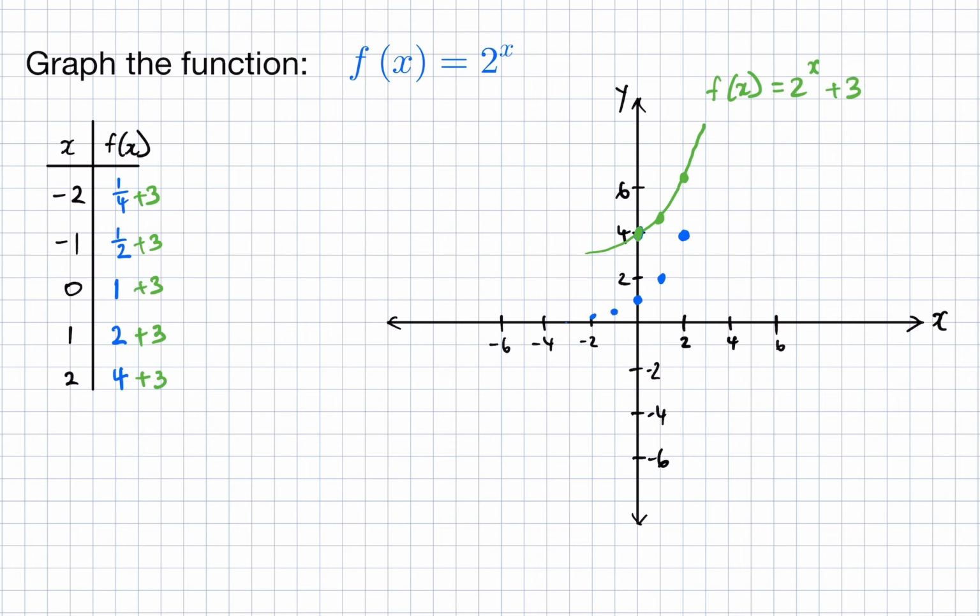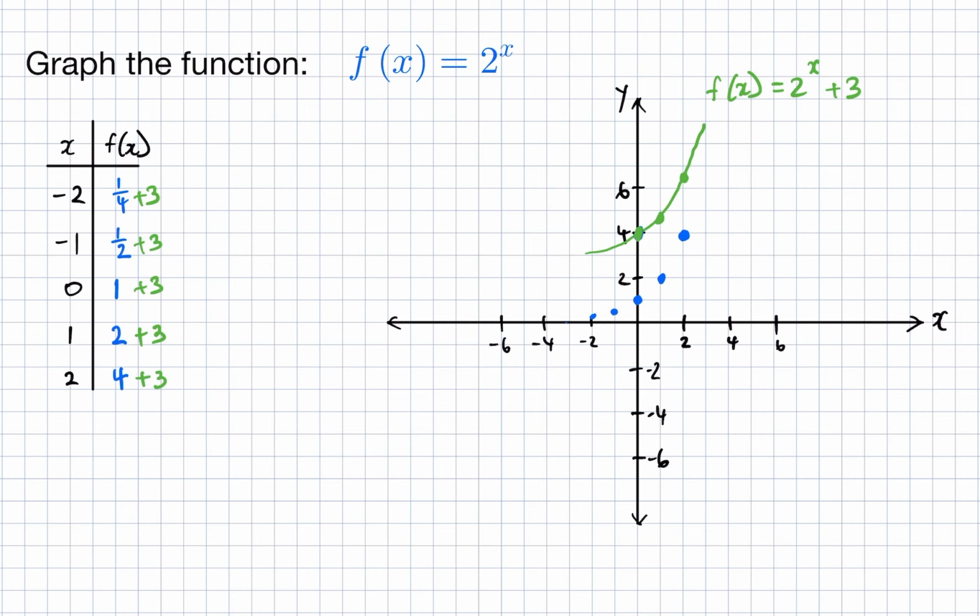So as you can see, if we were to shift this function up from where we started and we go up 3 intervals, the only thing that's different in this equation is that we have a plus 3.